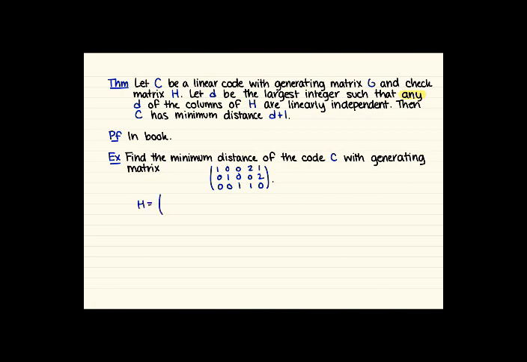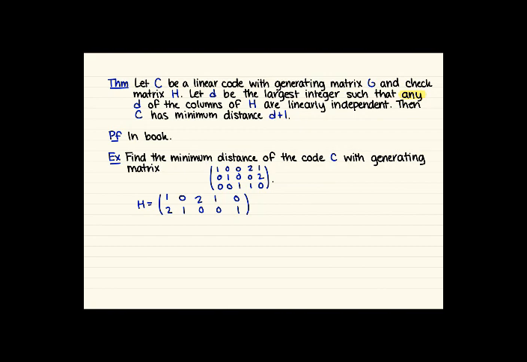We had H equals 1, 2, 1, 1, 0, 0, 0, 1, 0, 0, 1. We want to see what's the largest integer D such that any D of the columns of H are linearly independent. Looking at the columns, these are vectors with 2 components, so certainly any 3 won't work, because that's impossible for 2-dimensional vectors.